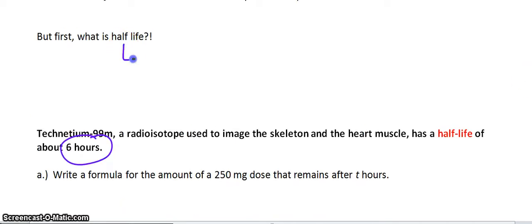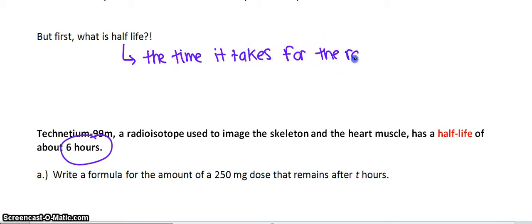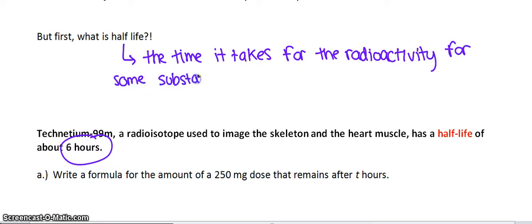Okay, so now I'm going to give you the formal definition of half-life. So half-life is the time it takes for the radioactivity for some substance, or even more specifically some isotope, to fall to half its original value.